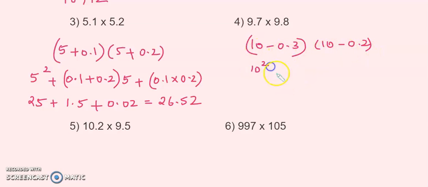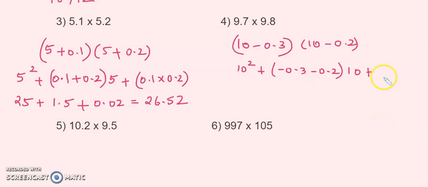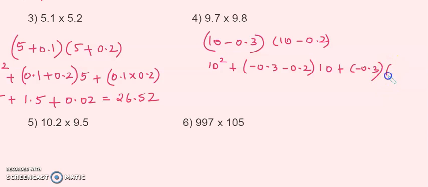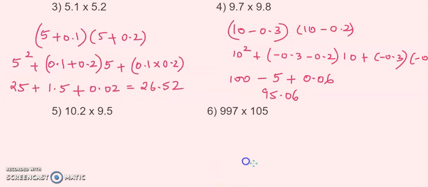So my x is 10 squared plus my a is 0.3, my b is minus 0.2, multiplied by 10 plus the multiplication of 0.3 and 0.2. So that will give me 100 minus 0.5 multiplied by 10 is negative 5 plus 0.06. 100 minus 5 is 95, so 95.06, right?